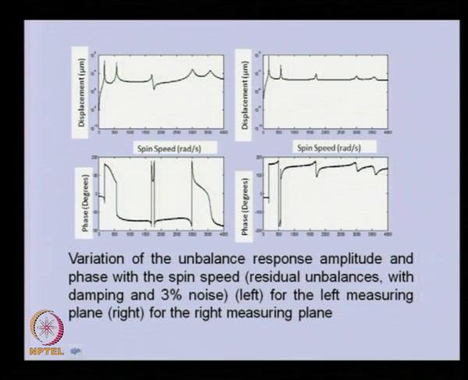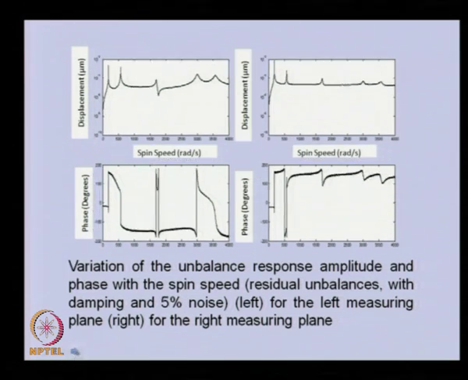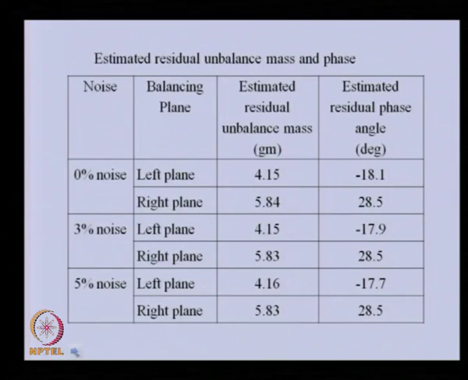This is the response generated with some noise in the system with the damping, and these are the responses due to the residual unbalance which is there in the system. Using these responses, with the influence coefficient we did the residual unbalance calculation. These are the various estimations for various cases, and they are consistent.